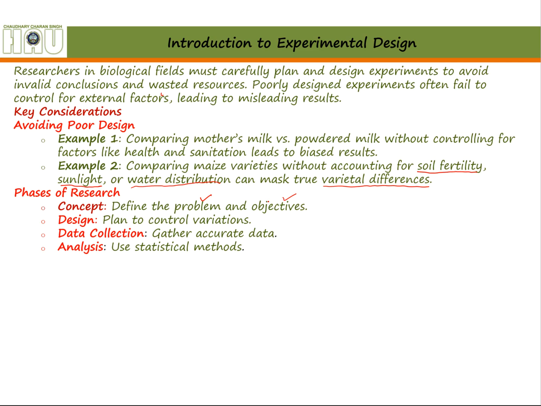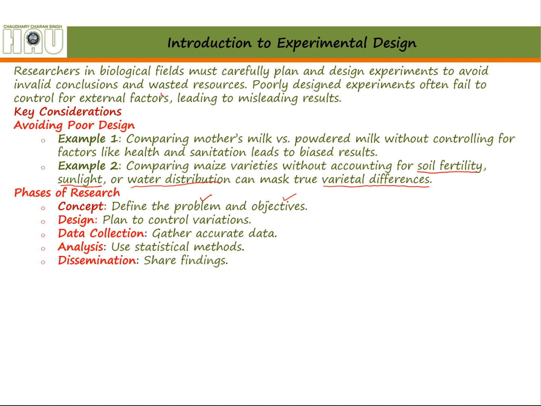That is very important in the analysis part. When data is collected from the field experiment, it should be properly analyzed through a valid and accurate statistical technique which will answer your questions, and then you disseminate your findings.